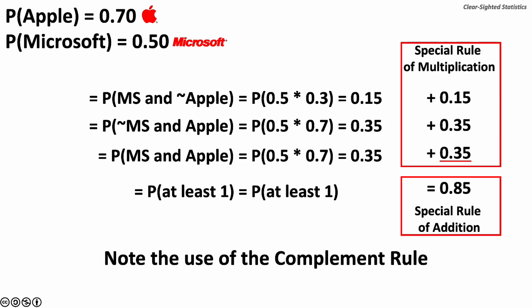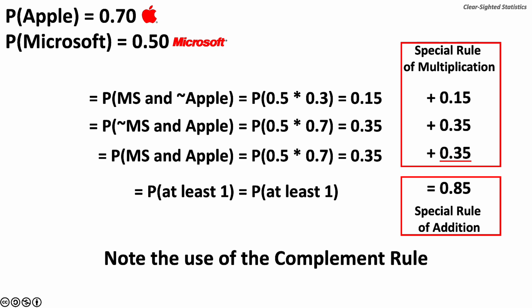To solve this problem, use the special rule of multiplication 3 times. 1. The probability that Microsoft stock will increase in value, but not Apple stock. That probability is 0.15 or 15%. 2. The probability that Microsoft stock will not increase in value, but Apple stock will. That probability is 0.35 or 35%. 3.